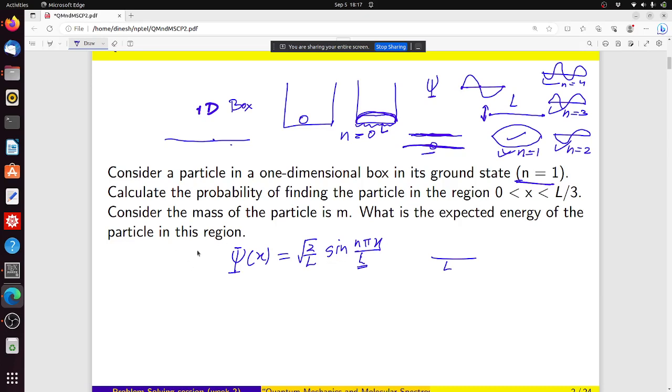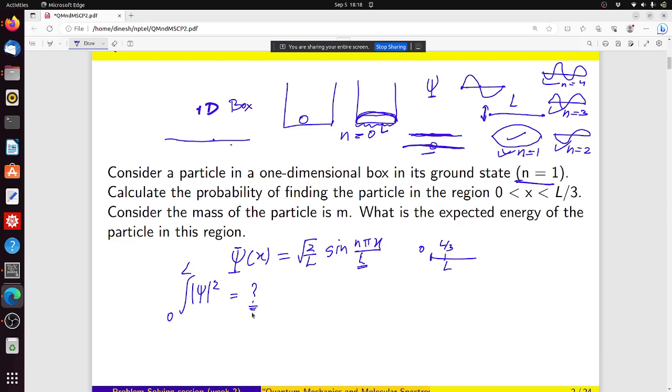So we are asked what is the probability that the particle will be found between 0 to L by 3. So how to calculate probability? Just let me ask you one question. From 0 to L, what will be the value of this?